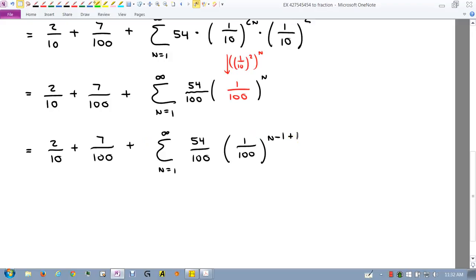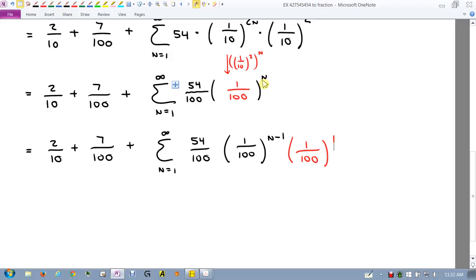But if I split this like that, then I could have written this as 1 over 100 to the n minus 1 times 1 over 100 to the first power. So watch what I do. 1 over 100 to the first power. Do y'all see that this is the same thing as this? Same base, add the exponents.